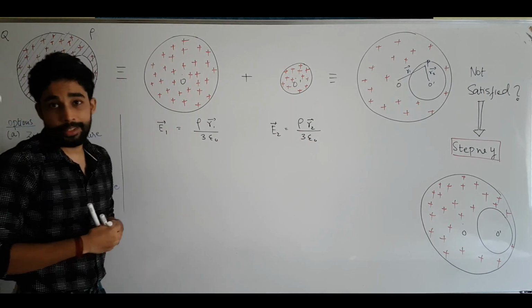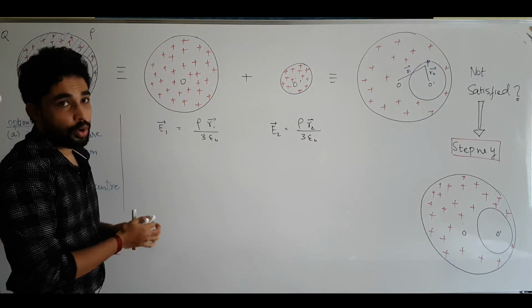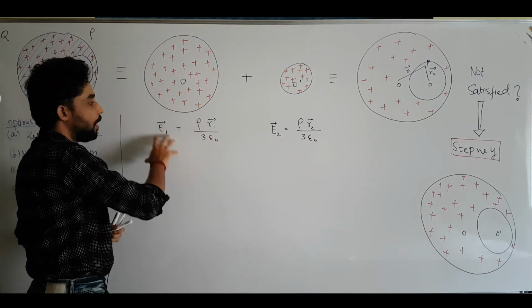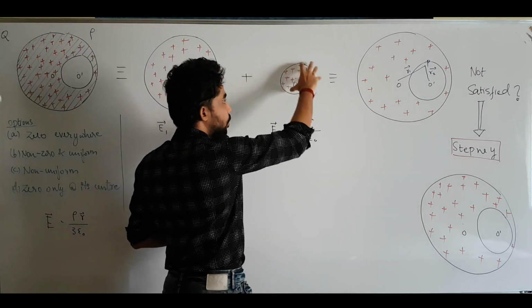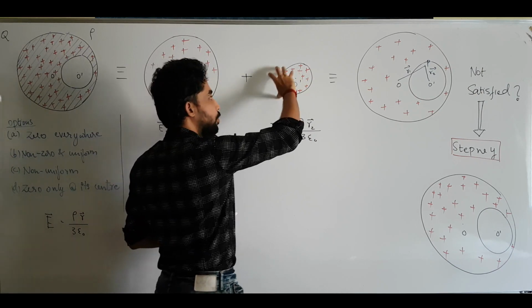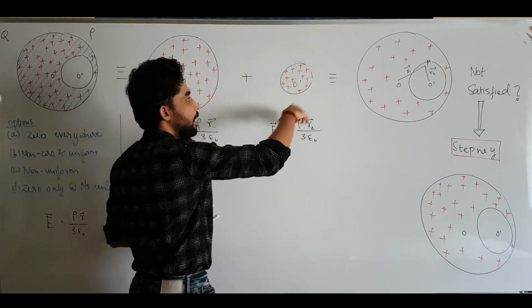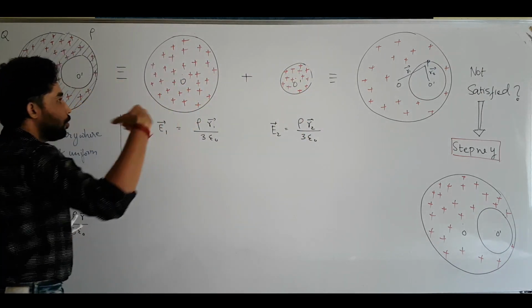Now the idea is simple. Initially, due to the whole sphere, the electric field value is this, but we know that we are scooping out this much portion, so the contribution due to this much portion is not going to be there once you scoop it out.